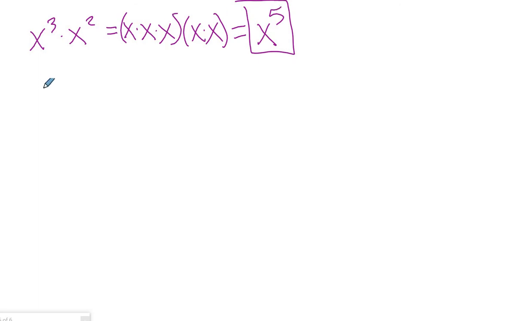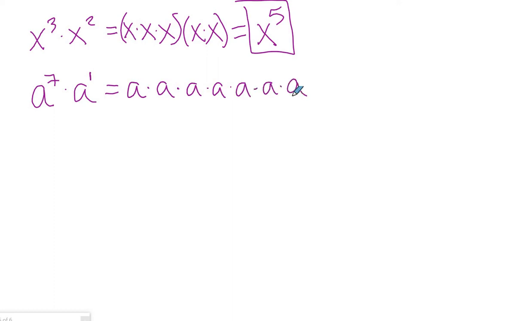And if you still don't see the pattern, we'll do a couple more. A to the 7th times A. And anytime there's not an exponent, by the way, I can put a 1 right here. So A to the 7th is A times A times A times A times A times A times A. Let's see, 1, 2, 3, 4, 5, 6.